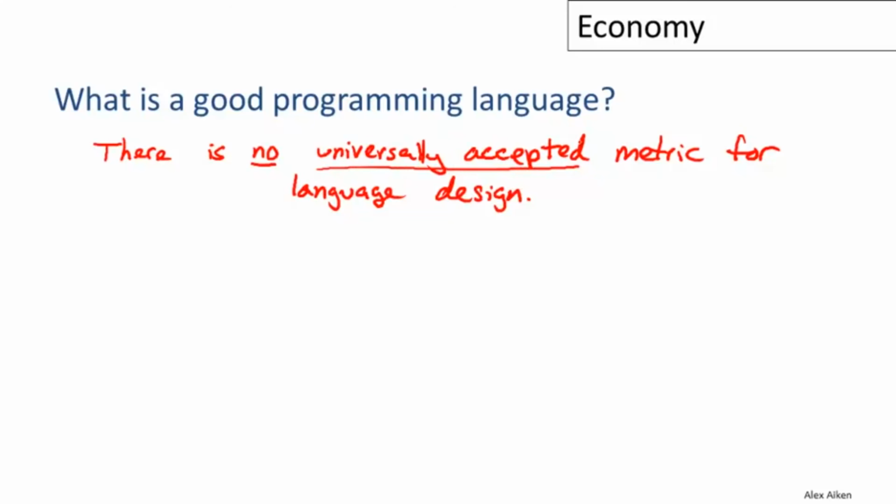There are lots of metrics out there, and people have proposed lots of ways of measuring programming languages, but most people don't believe that these are very good measures, and there is certainly no consensus.